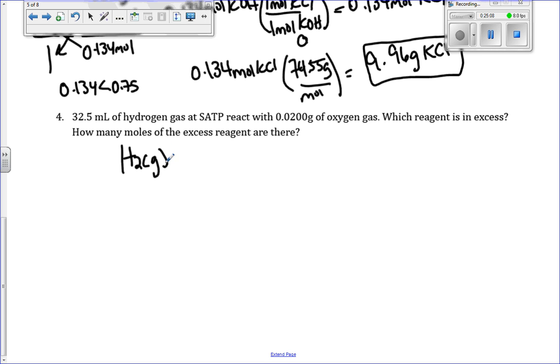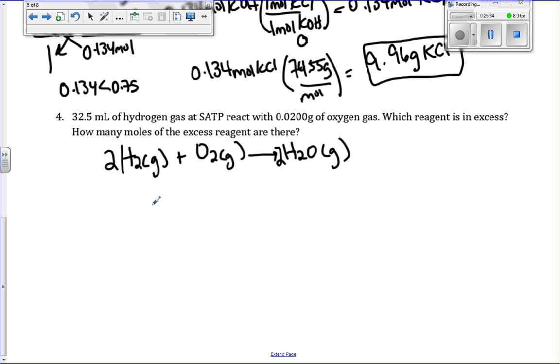Hydrogen gas reacts with oxygen gas, and we end up with water vapor. Balance out the equation. We have 2 oxygens here, 2 oxygens there, but now we have 4 hydrogens, so over here we need to put a 2. We now have a balanced equation.